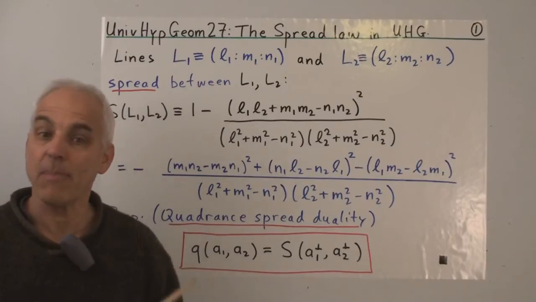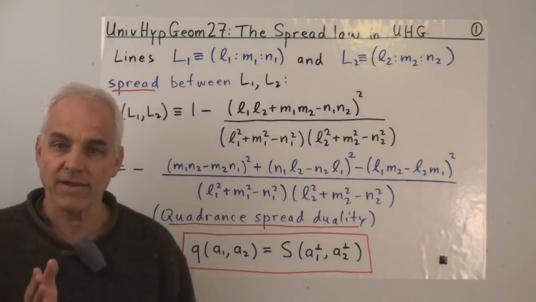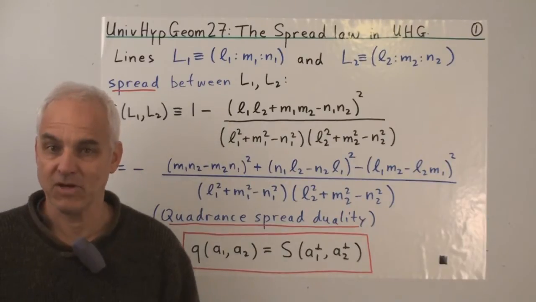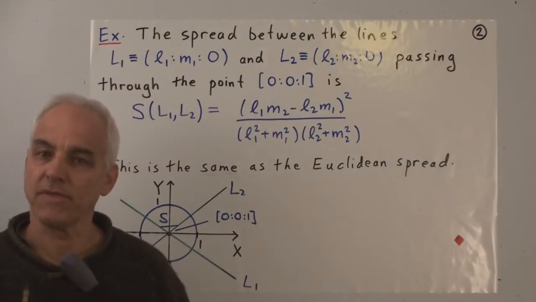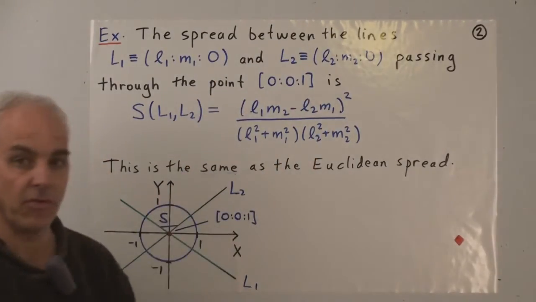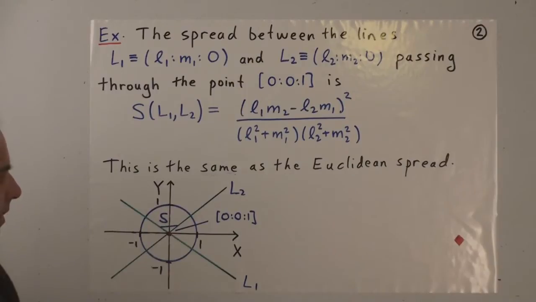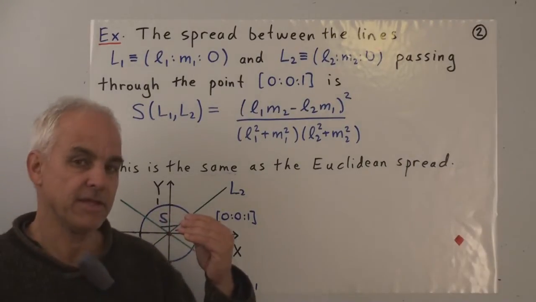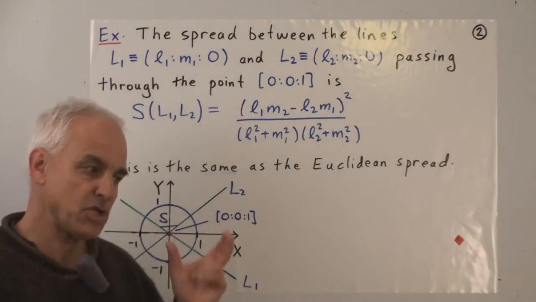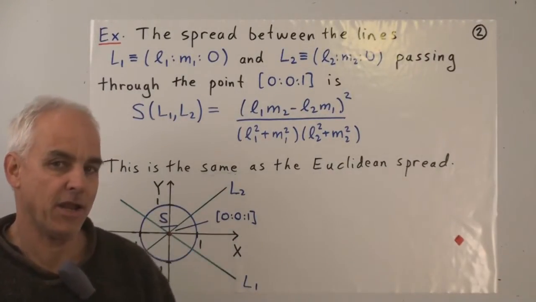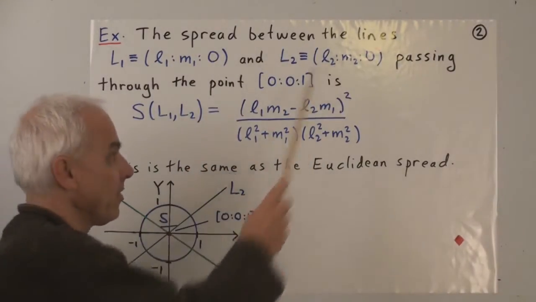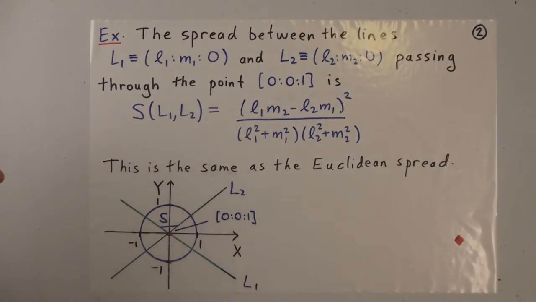So now let's have a look at an example of spreads which shows you that this really is, in some sense, pretty close to the Euclidean definition. Let's look at the example where the two lines both have third coordinate equal to 0. In that case, if you look at the second form for the spread, then of those three terms that appear in the numerator, two of them are automatically 0 because of these zeros in the n position.